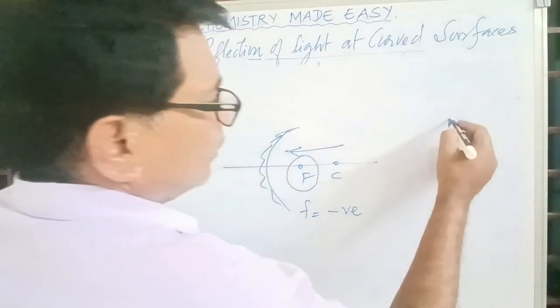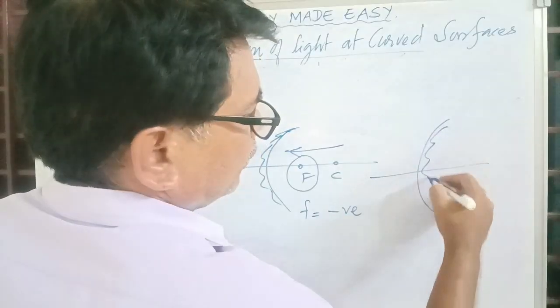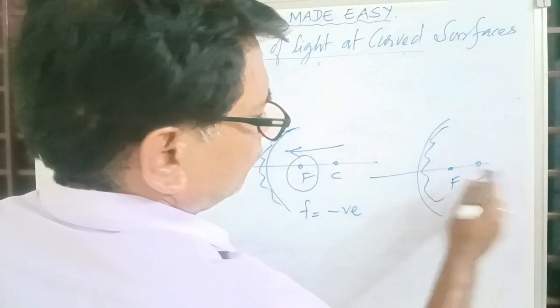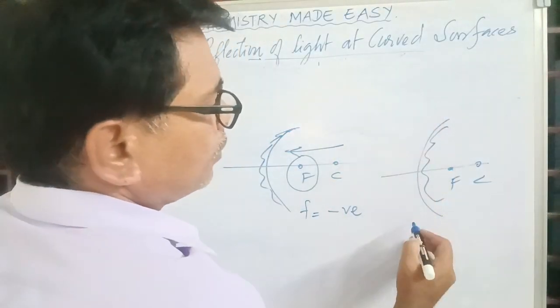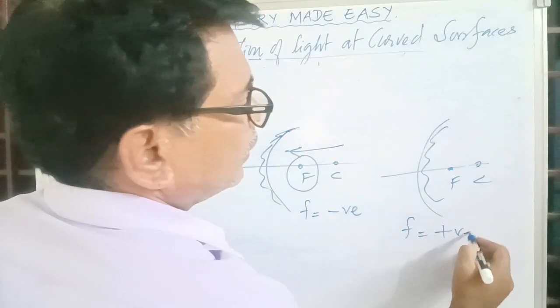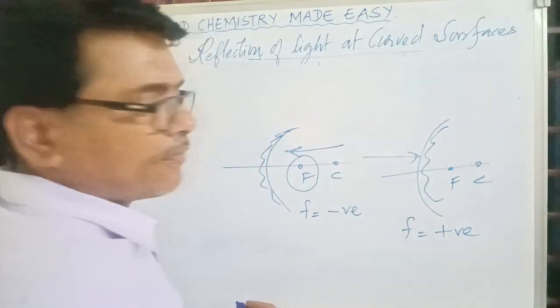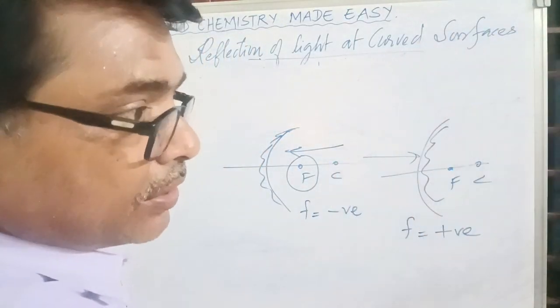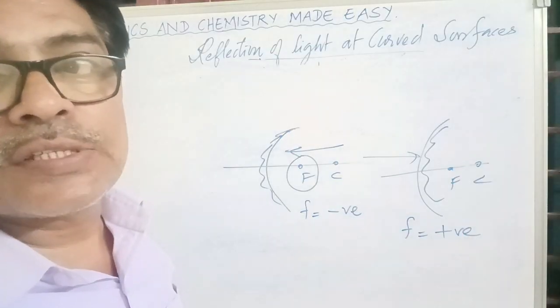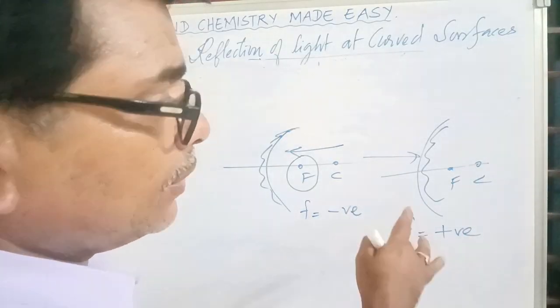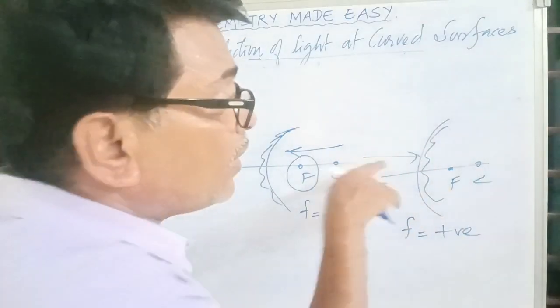So it's quite opposite for convex. Convex focal length is always positive. Why? Because this is the reflecting surface and the focal length is on the other side of the reflecting surface.